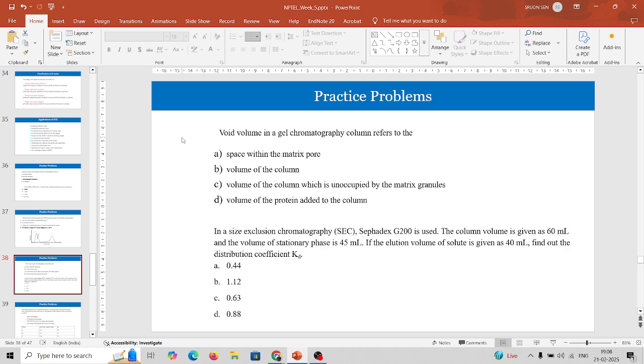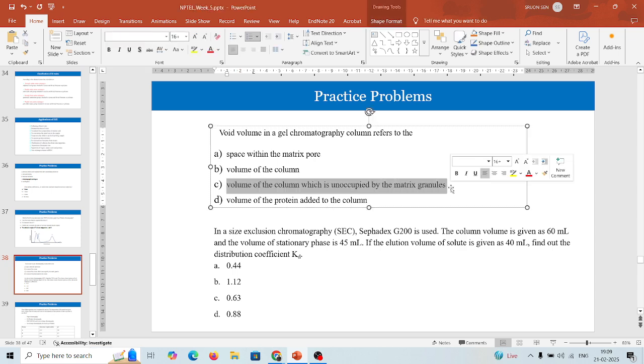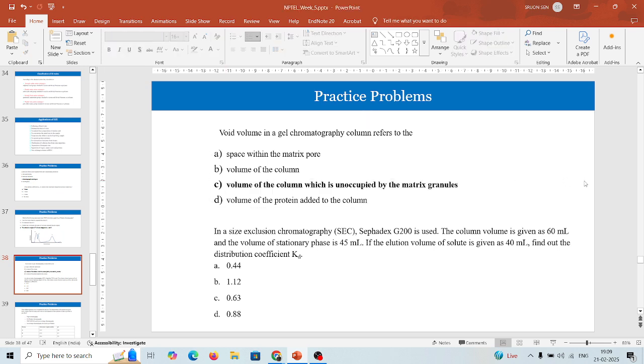No one? Okay. So void volume is the space where your proteins do not usually enter. Yes. So it's the space that is not occupied by the matrix granules. So your proteins do not enter over there. Or even if it enters, it goes into the void volume because there are no beads to where it can bind or where it can enter.